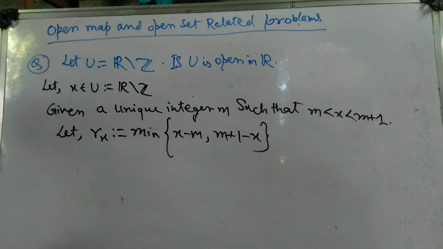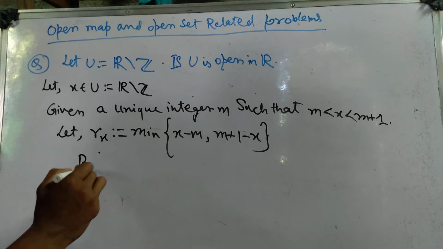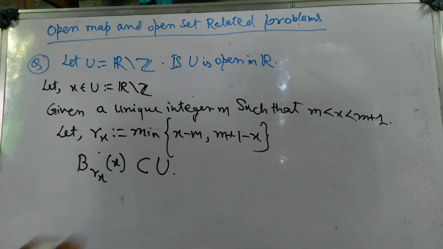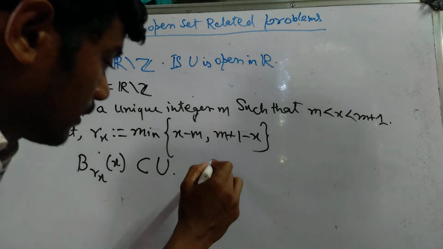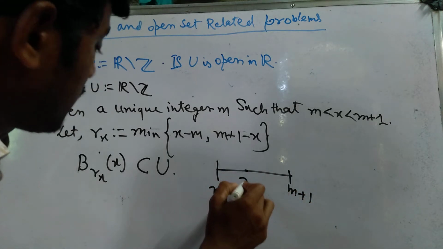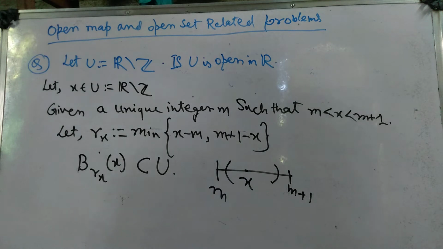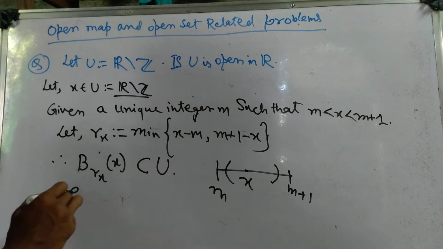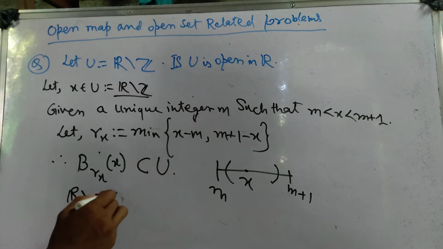Then we see that B(x, r_x) is a subset of U. Here we take m, here is m plus 1, and here x, with one ball containing x and contained in this part of R minus the integers. So R minus the integers is open.